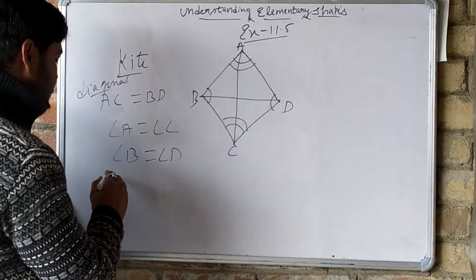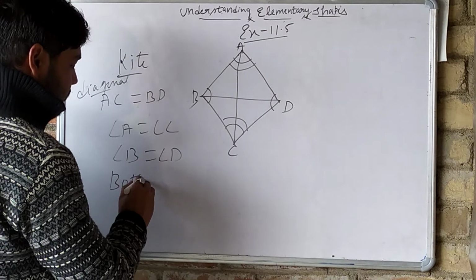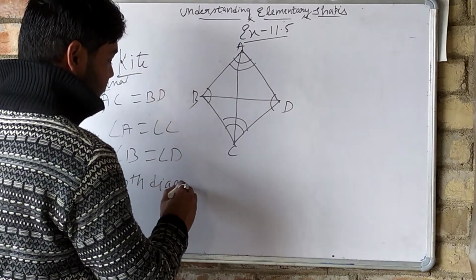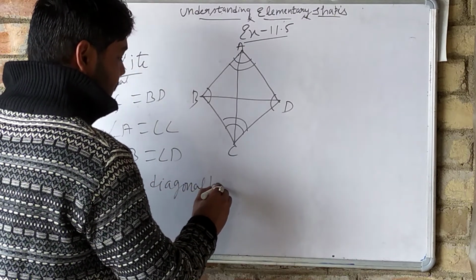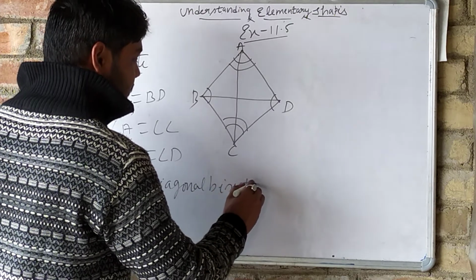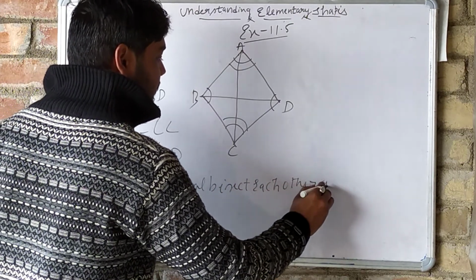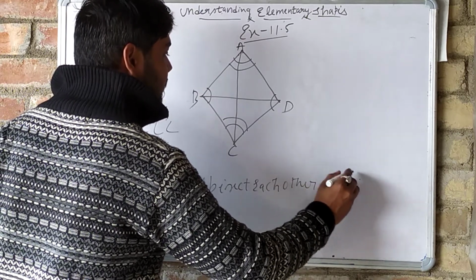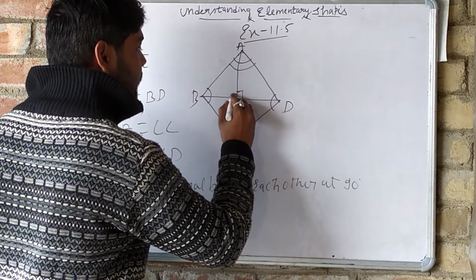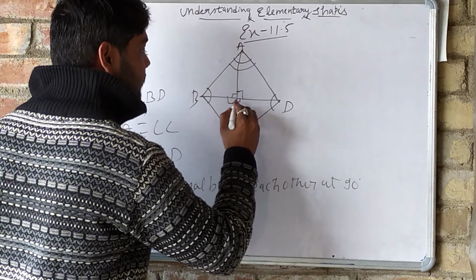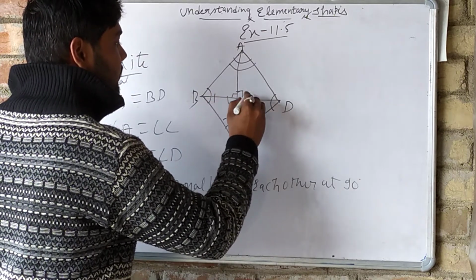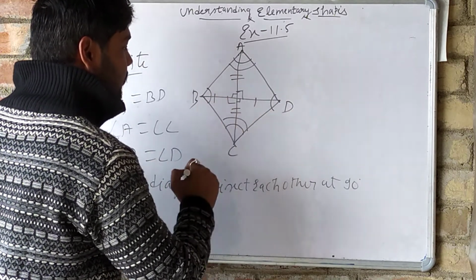Both diagonals bisect each other at 90 degrees. That means here we will have 90 degree angles. And this is equal to this and this is equal to this.